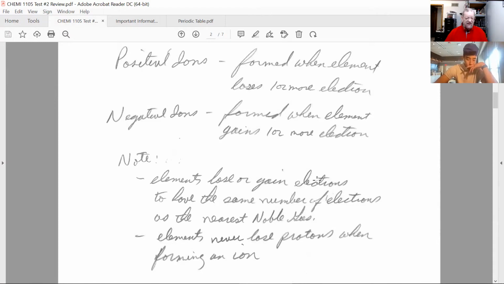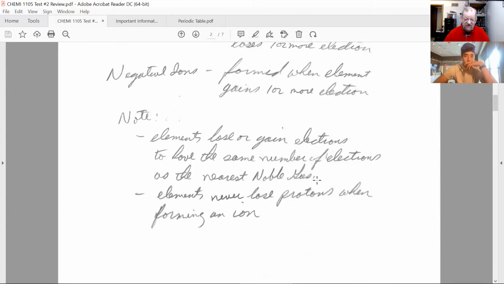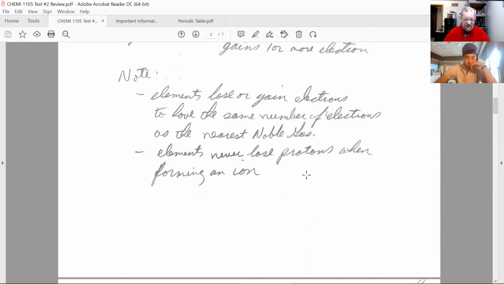And note, elements lose or gain electrons. They have the same number of electrons as the nearest noble gas. I just said that. And elements never lose protons when forming an ion. Same thing with neutrons, but it's important to know that for protons.